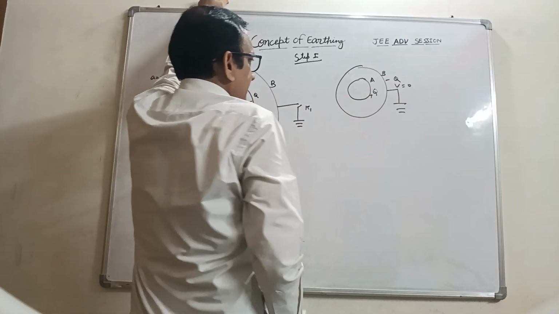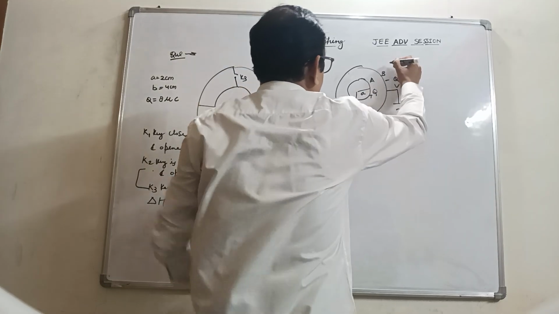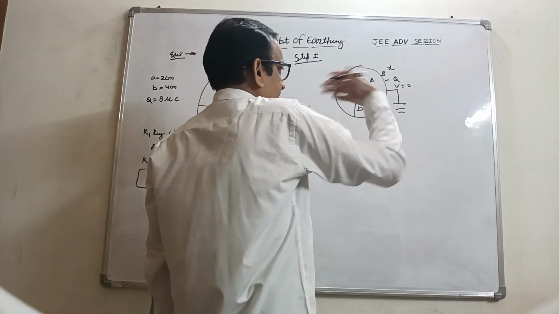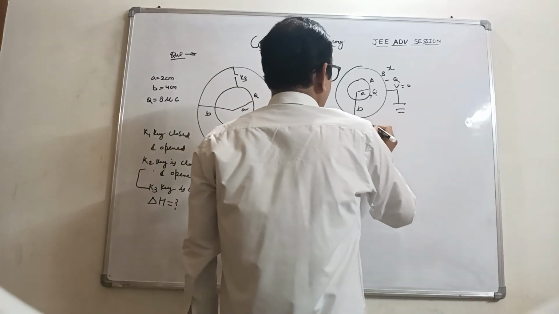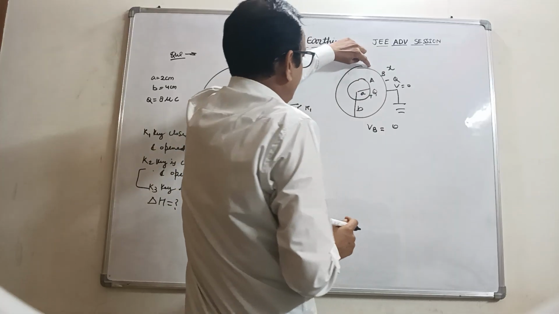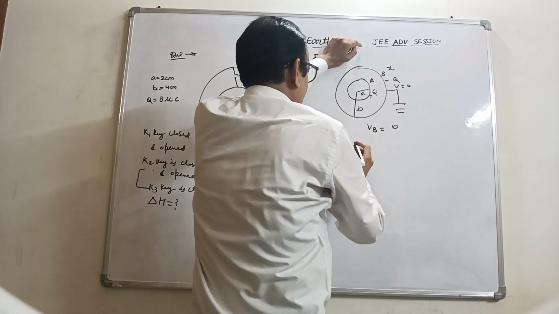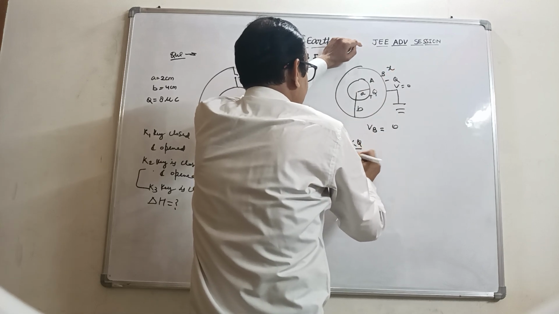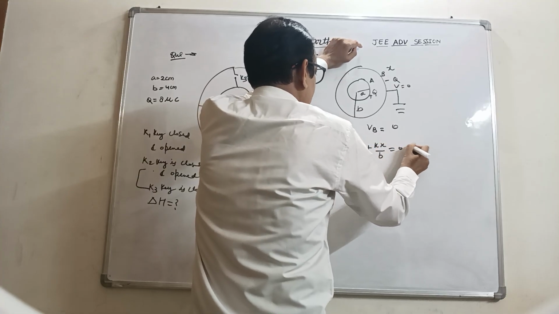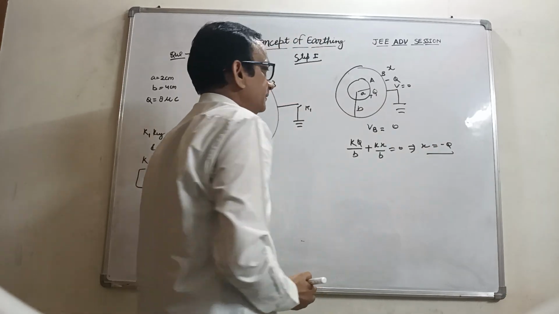We suppose this charge is X; we don't know the value of X. The potential at B would be the potential by this charge and the potential by that charge. So we write kQ by B plus kX by B is equal to 0. So X becomes minus Q. So minus Q charge is induced here.